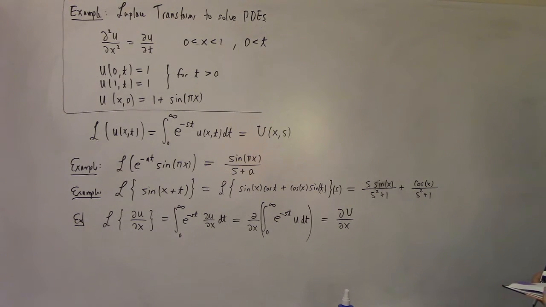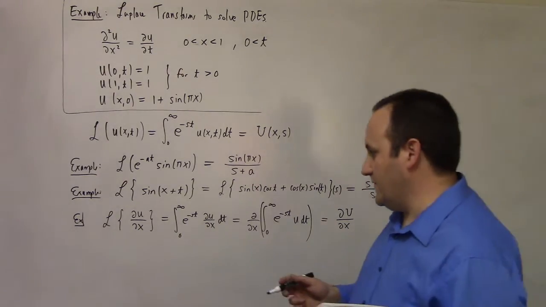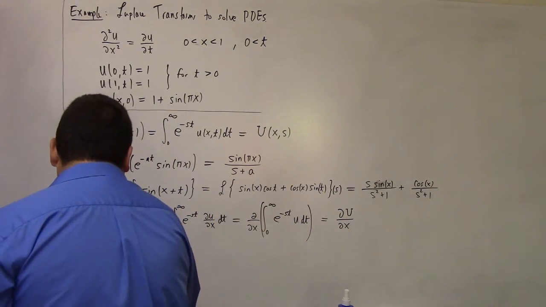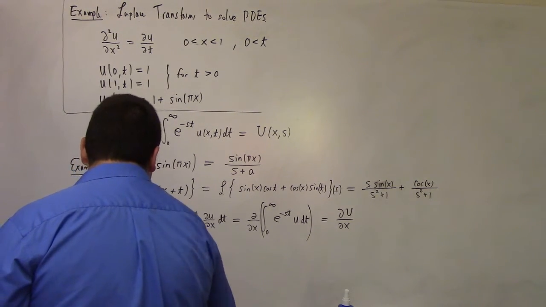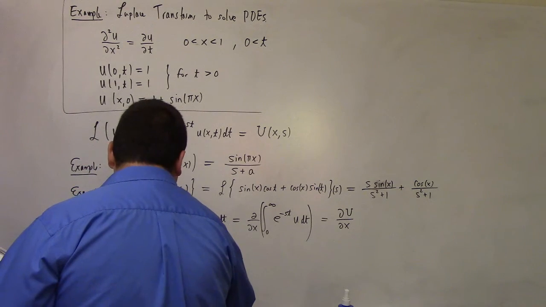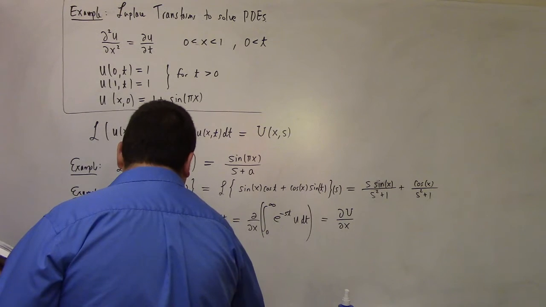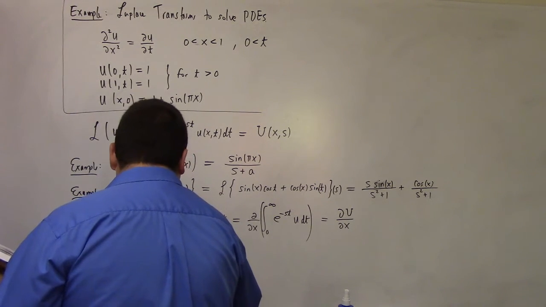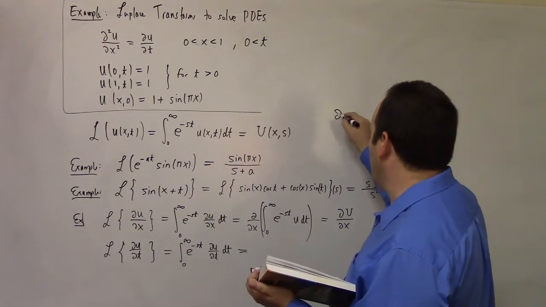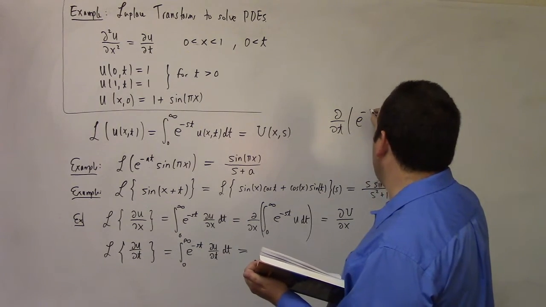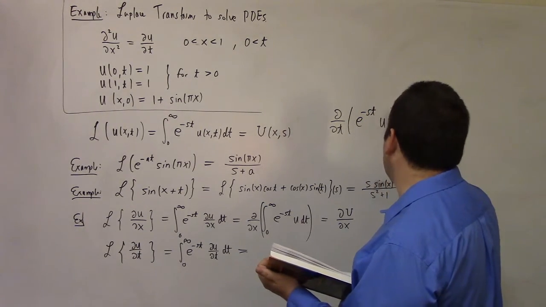So it doesn't change derivatives with respect to the untransformed variable. But in contrast, the difference is if you take the Laplace transform of the time derivative, the partial u, partial t, well, that's a different story altogether, right? See, there, basically, we notice the product rule, partial t of e to the minus st times u, is what?